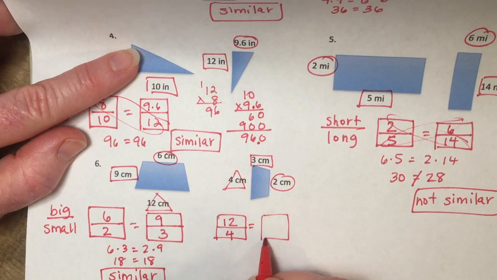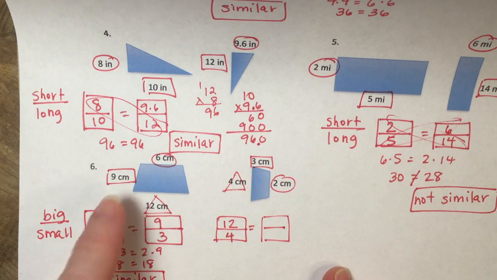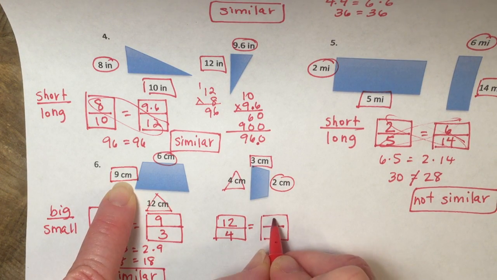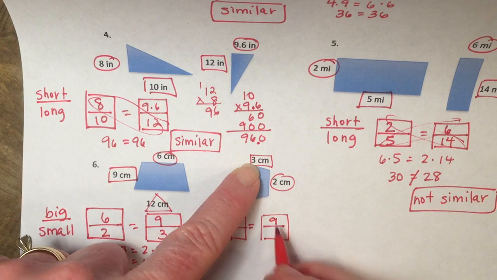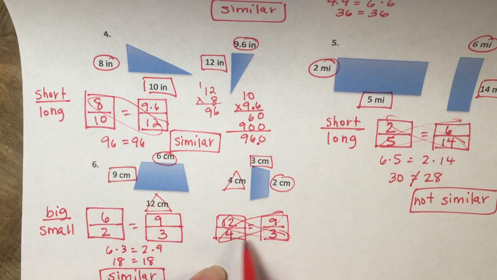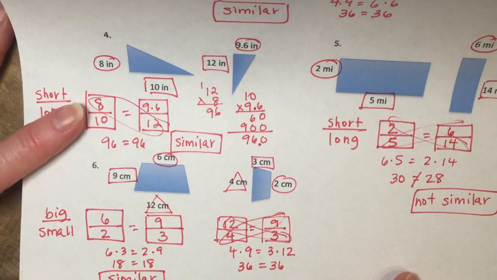Then I'm going to pick another side to compare that to. I'm just going to use the 9 again for the big one, which corresponds to the 3 on the small one. Then I test my cross products, and you can see 4 times 9 and 3 times 12 are going to be equal as well. So it should work for any sides.